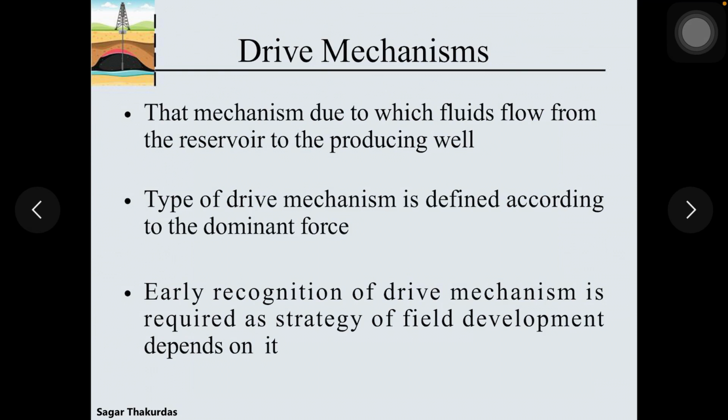So this part you'll understand when we begin with the different types of drive mechanisms. And it is important to recognize the possibility of certain kind of drive mechanism in a particular reservoir. Once you identify the possibility of presence of certain kind of drive mechanism, it is easy to produce that reservoir.